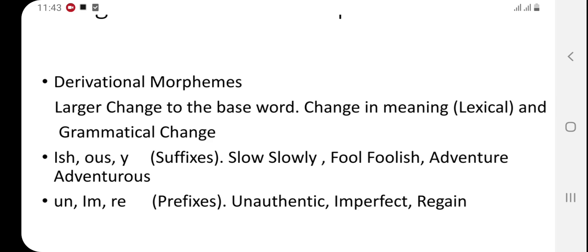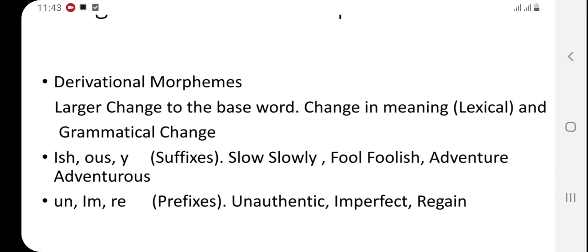We have examples of from authentic to unauthentic, giving a negative meaning. Imperfect, from perfect to imperfect, is the antonym of perfect. And gain and regain: re is a bound morpheme which is attached in the beginning. A prefix is attached and the meaning is changed. Regain means to gain again.